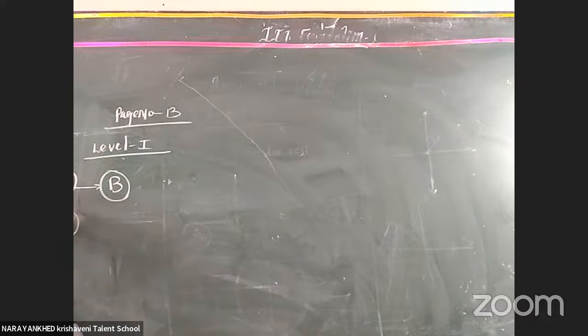Next one: the rate of reaction approximately doubles when the temperature is increased by 10 degrees. Clear or not, all the students? We already discussed it. The ratio of the rate constant for a reaction at two different temperatures which differ by 10 degrees is called the temperature coefficient.